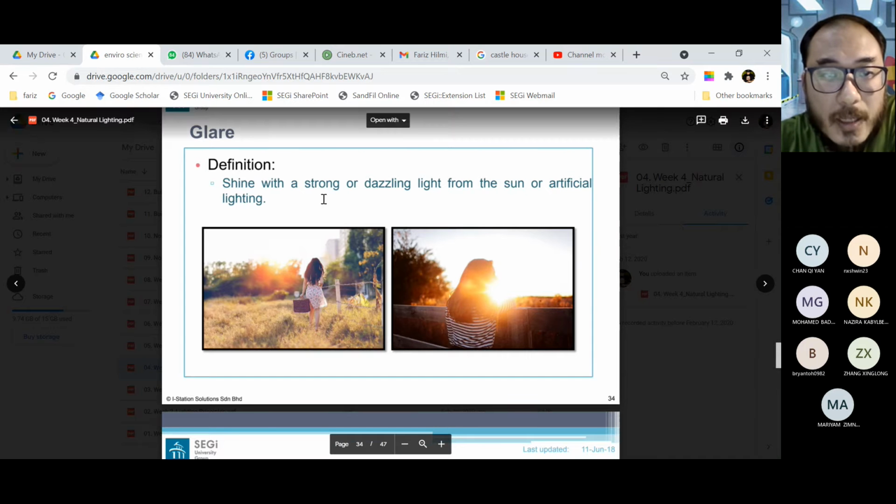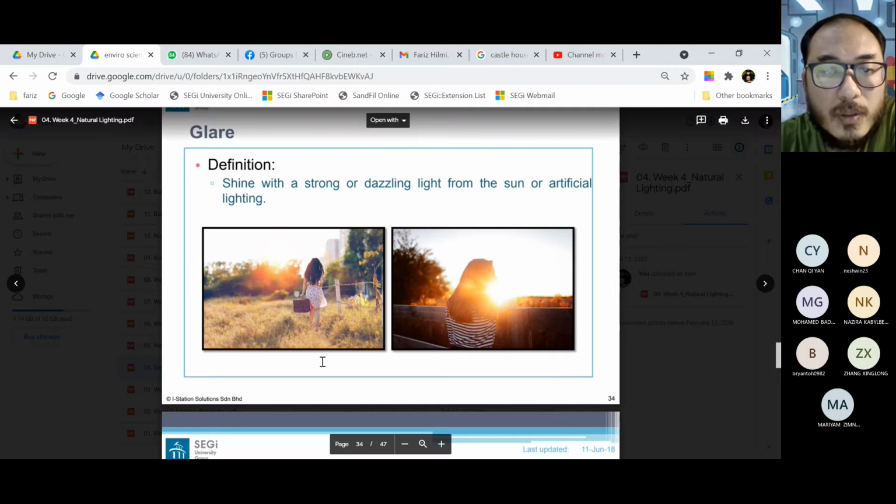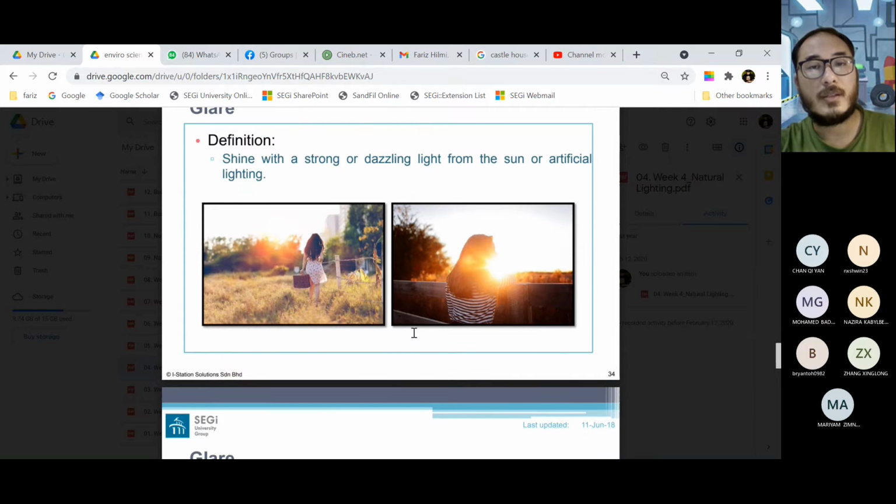Glare, shine with a strong dazzling light from the sun or artificial lighting. So when you are sitting at a place facing the sun, your eye becomes hurt, right? And when you take a photo, you cannot see. It's total white because the light actually feels so strong.